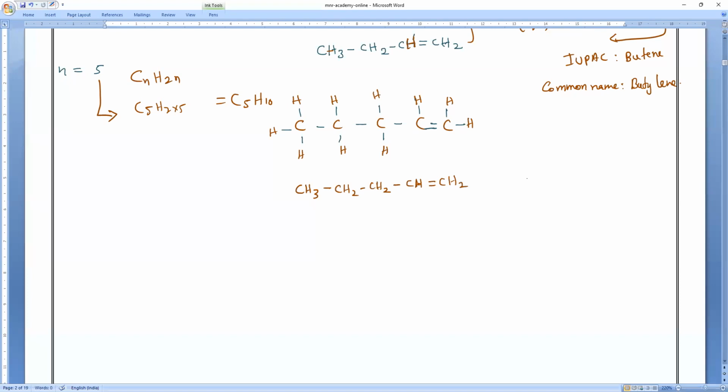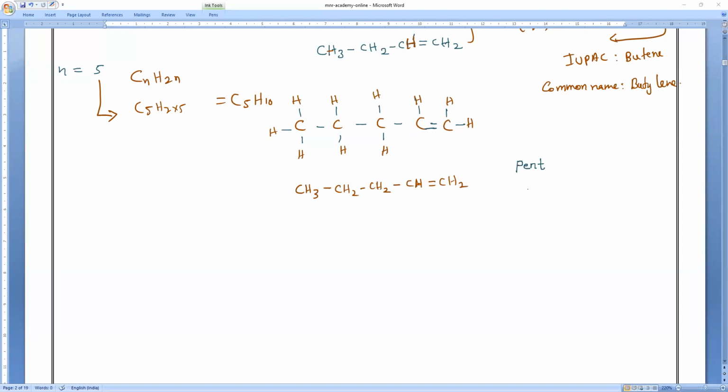Now, what happened next? N is equals to 5. What is the word root for N is equals to 5? Pent.